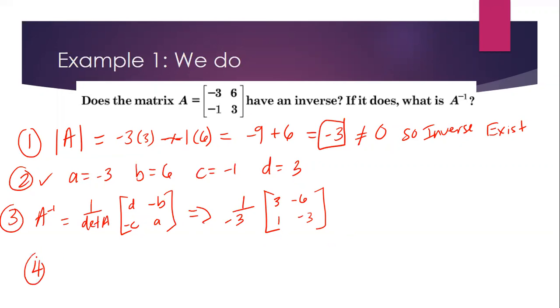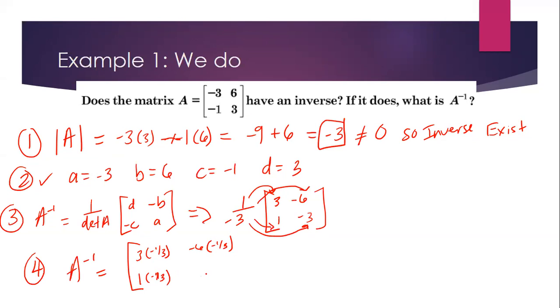Step 4 is you evaluate. I'm going to apply the scalar to each element. That gives me 3 times negative 1/3, negative 6 times negative 1/3, 1 times negative 1/3, and negative 3 times negative 1/3. 3 times negative 1/3 is negative 1.